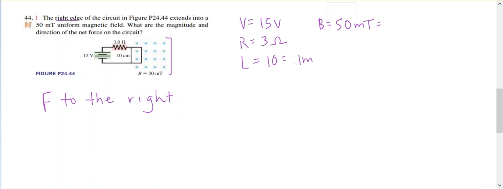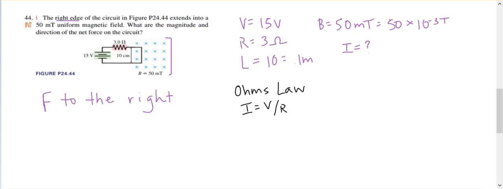If we convert, we would say 50 times 10 to the negative 3 teslas. Now we don't have the current. So to solve for the current, we can use Ohm's law, which we learned earlier in the video. Ohm's law states that current is equal to voltage over resistance. So current equals 15 volts over 3 ohms, and we will get a current of 5 amps.